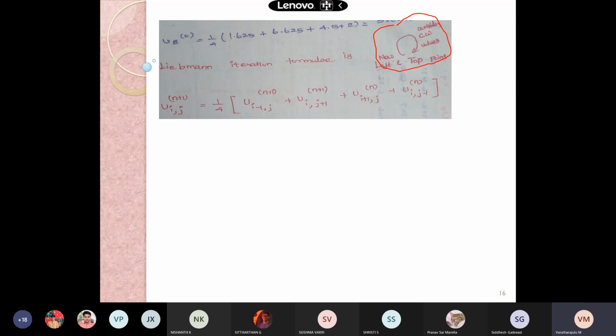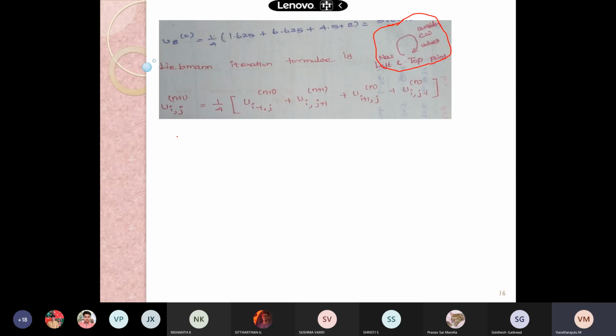The values are taken from new left and then clockwise: new left, top, right and bottom. This is the way we can approach the problem. You can take any values anywhere, but to have uniformity, I have written it in this way.